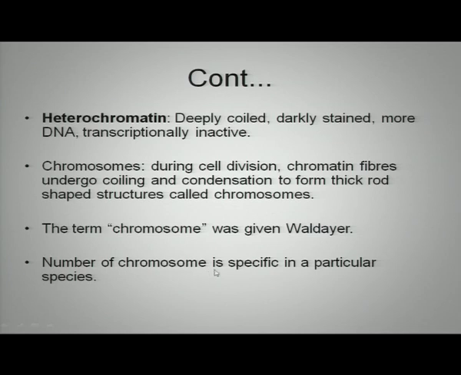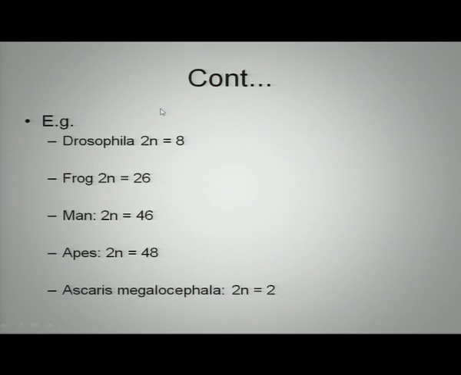The number of chromosomes is specific in a particular species. For example, if it is a Drosophila or fruit fly, the diploid number is 8, 2n equals 8. If it is a frog, then it is 2n equals 26. You all know that in human beings 2n is equal to 46. Here I would like to ask one particular question.